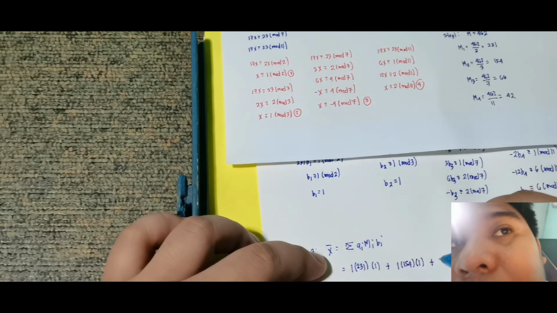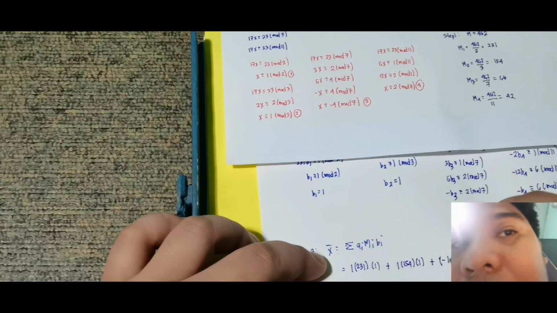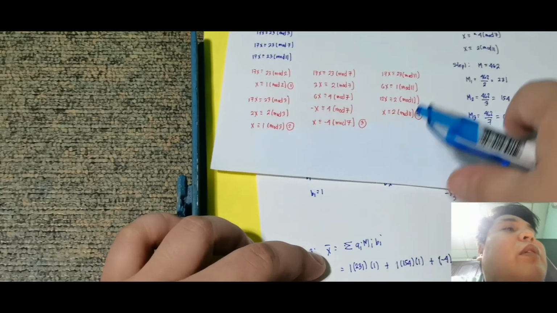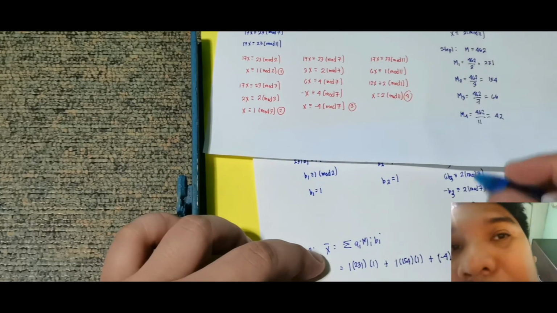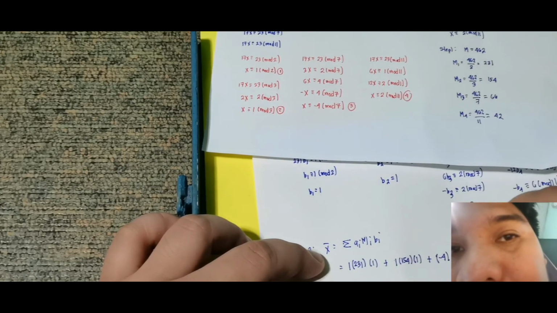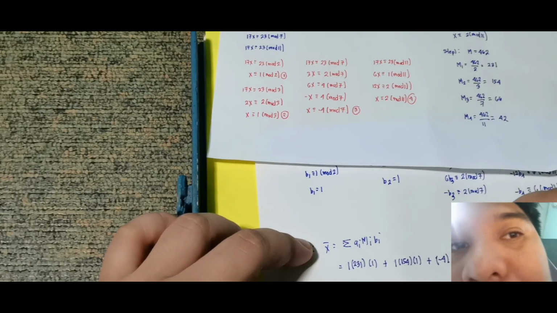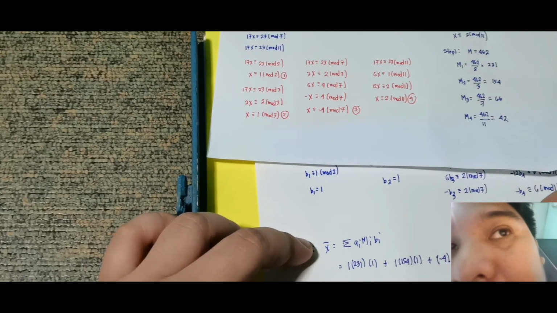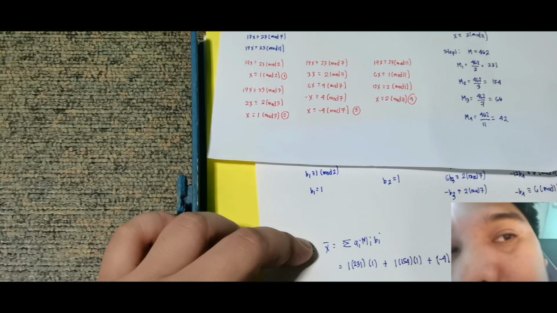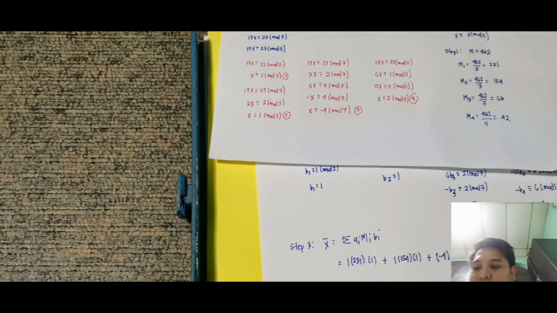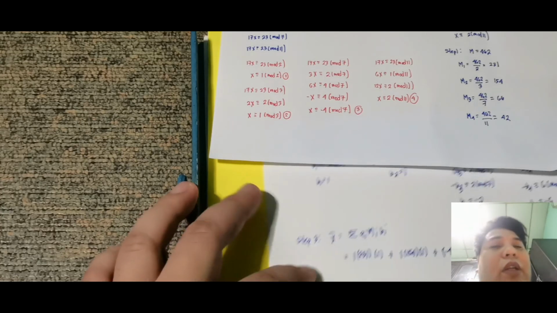Next, plus negative 4 times 66 times b sub 3 which is negative 2. Then plus 2 times 42 multiplied by negative 6. Once na kinalculate ko siya, ang naging sagot is 409.